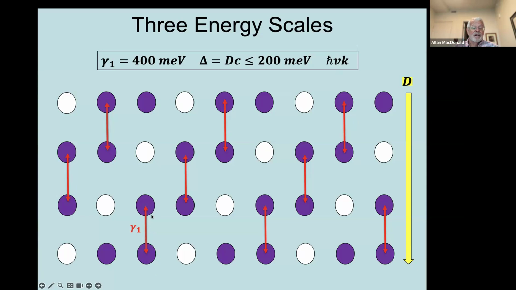is that there's hybridization between layers, gamma 1 here, that doesn't vanish at the Brillouin zone corners. At the Brillouin zone corner, the pattern of interlayer hybridization is such that each carbon atom in the interior layers is hybridized to one other carbon atom in a different layer, and that hybridization creates dimers that push these levels away from the Fermi energy.